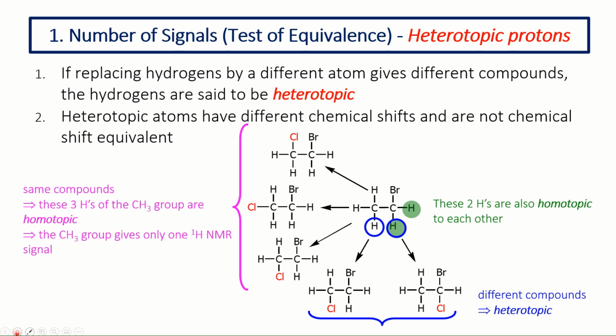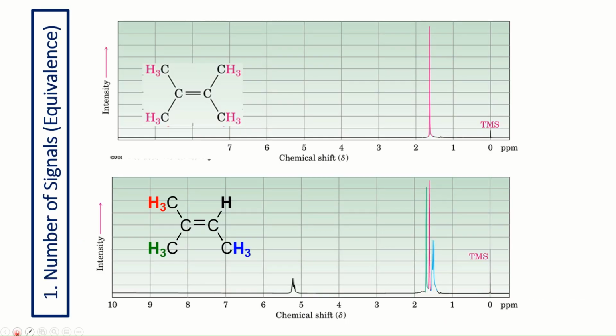So the methyl itself, all the protons are homotopic. The methylene, all those protons are homotopic, but the protons on the methyl and the protons on the methylene, they're heterotopic to each other, i.e. they appear as 2 different signals.